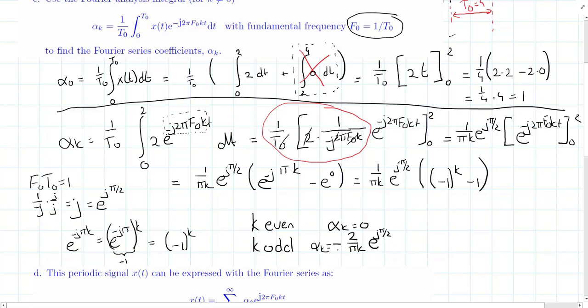We could get rid of this minus sign, since minus 1 is equal to e to the power minus j pi, which would give us 2 divided by pi k e to the power minus j pi over 2.